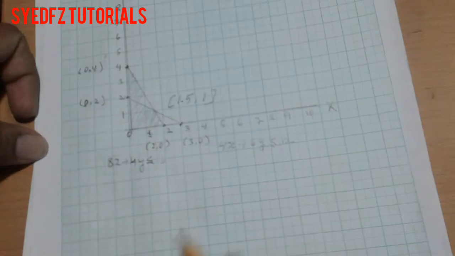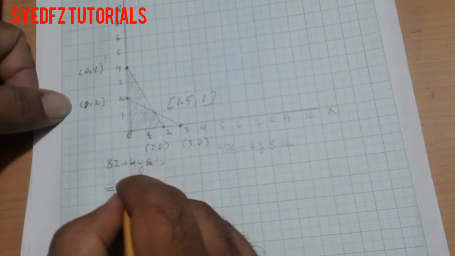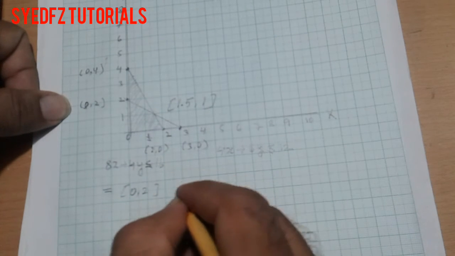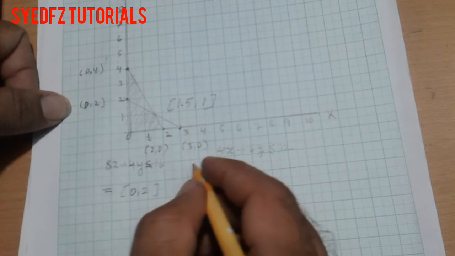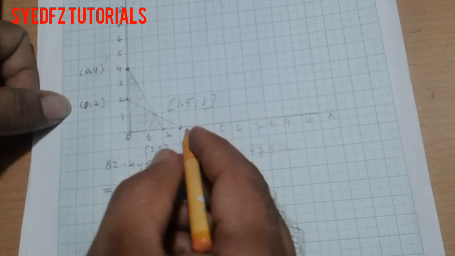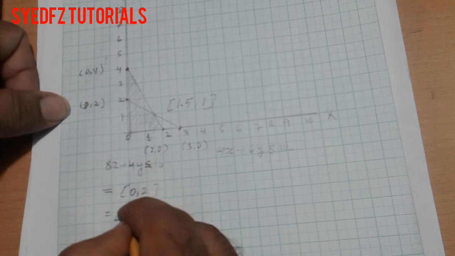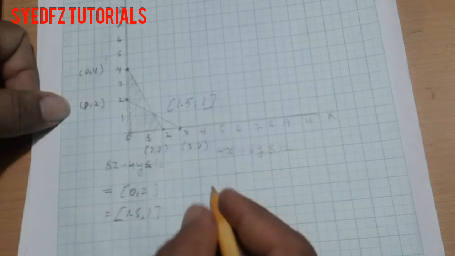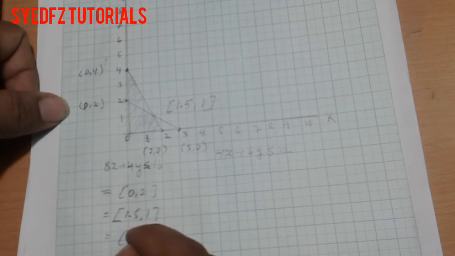So write the extreme points here: first 0 comma 2, second 1.5 comma 1, third 2 comma 0.